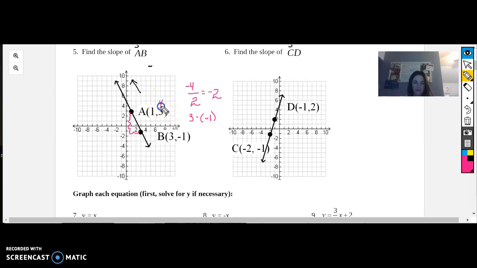So this is y1, y2, x1, x2 over 1 minus 3, and this would have been 4. 3 minus a negative 1 is 4 over negative 2, and that would have given me negative 2. So either way, I get negative 2. It works both ways just the same.